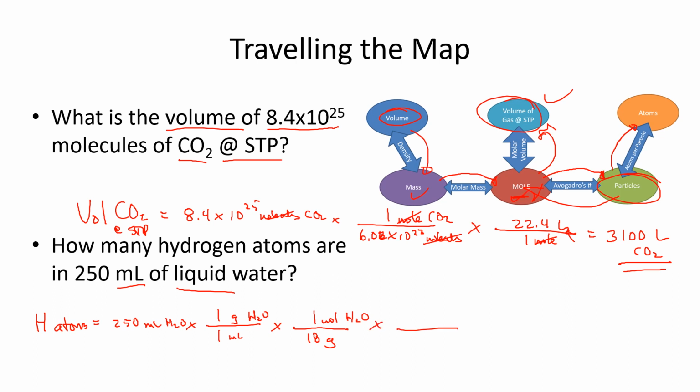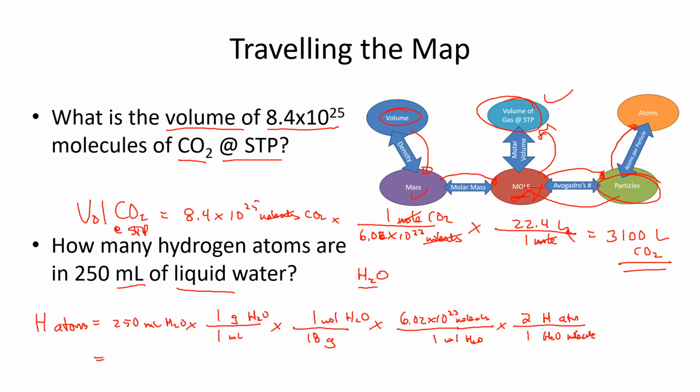Next step, let's go to the molecules. We know that there's 6.02 times 10 to the 23 molecules in 1 mole of water or of anything. Great, we're at molecules of water. Now, how many hydrogen atoms are in a water molecule? Well, it's H2O, so 2 hydrogen atoms for every 1 water molecule.